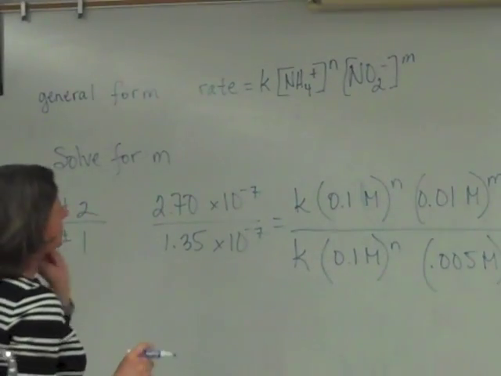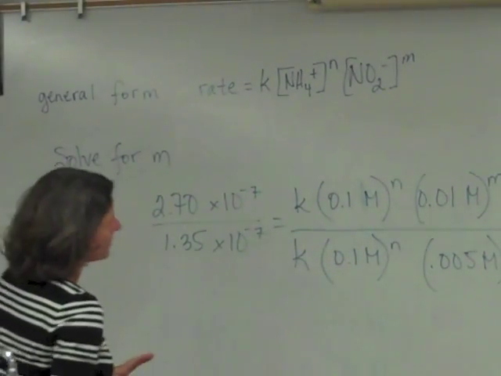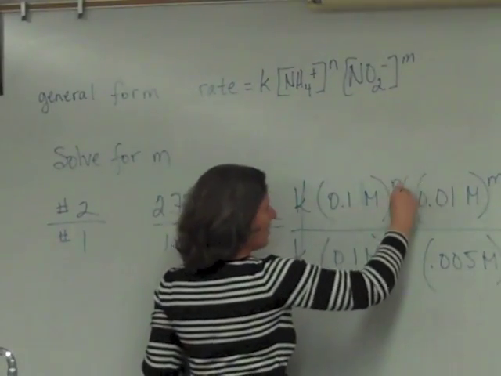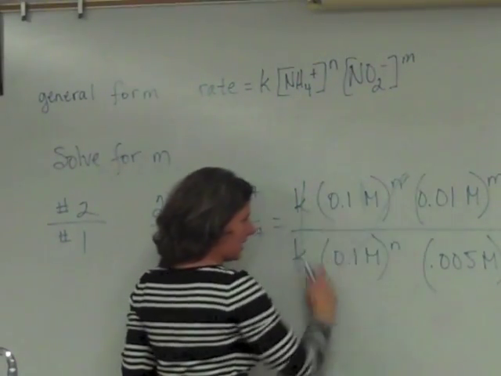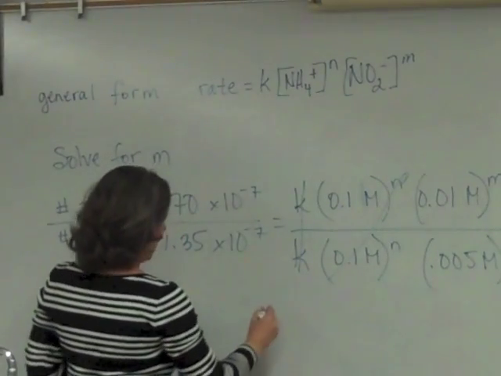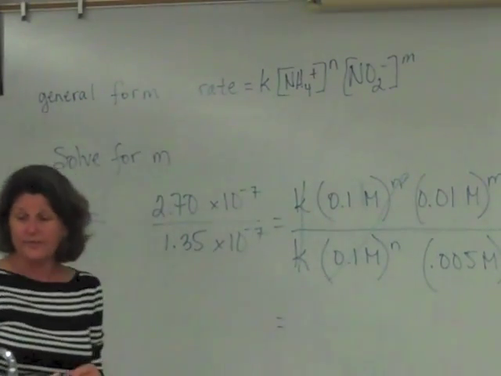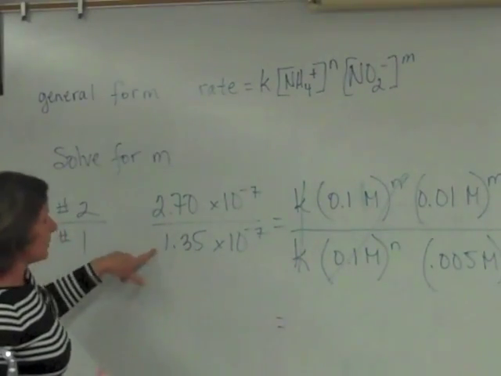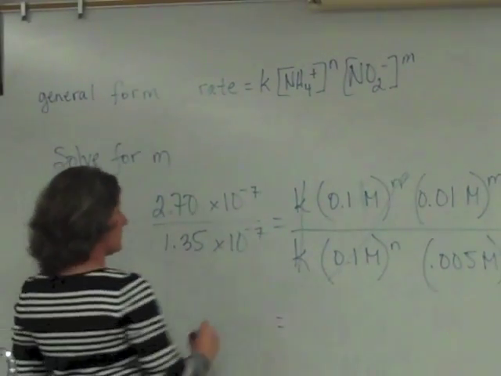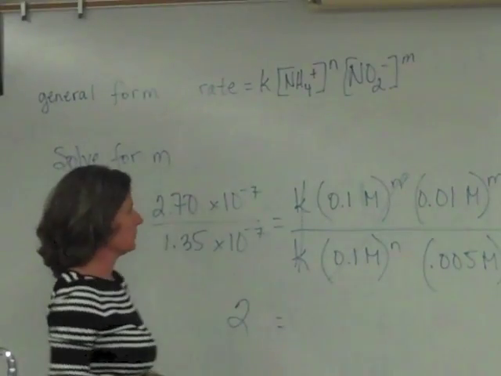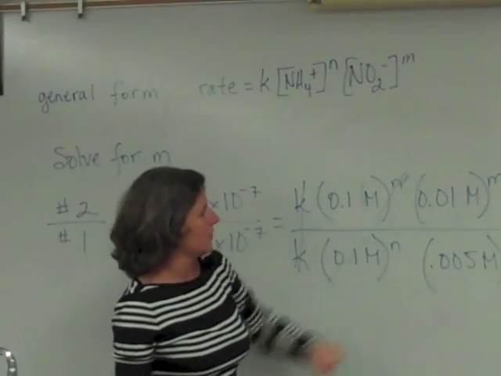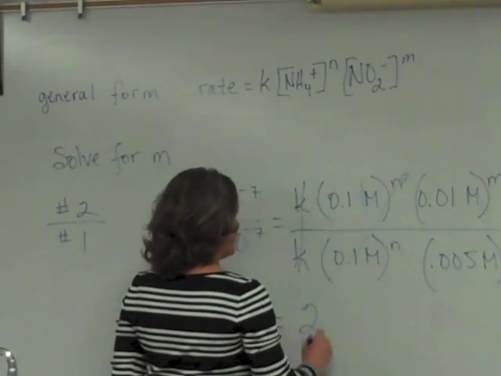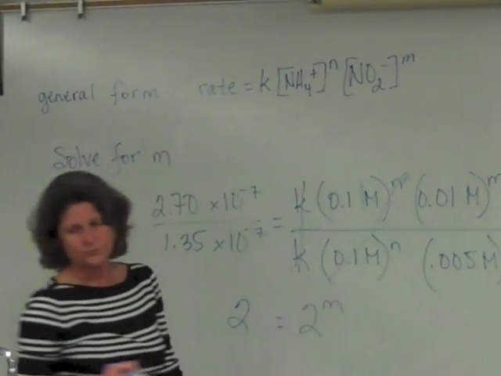Now what's going to end up happening is that all of those things cancel. And that leaves me with 2.7 times 10 to the minus 7 divided by 1.35 times 10 to the minus 7, which gives me 2. 0.01 divided by 0.005 is going to be 2 to the nth.